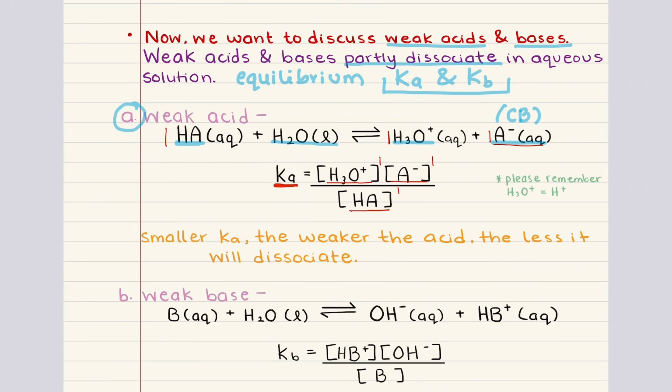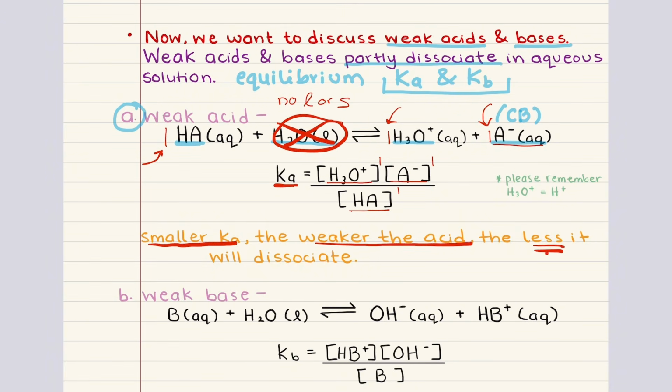We get those stoichiometric coefficients directly from our reaction. Notice we don't include water because we never include liquids or solids in our equilibrium constant expression. Now, the smaller the Ka value, the weaker the acid, meaning the less it dissociates in water.